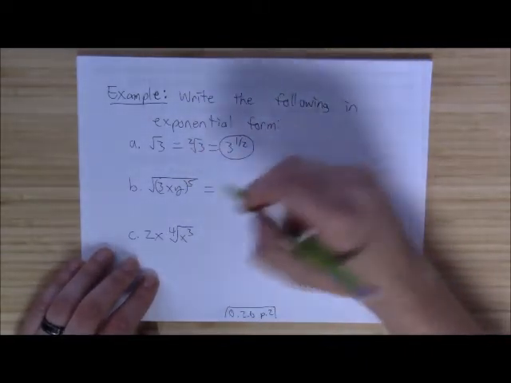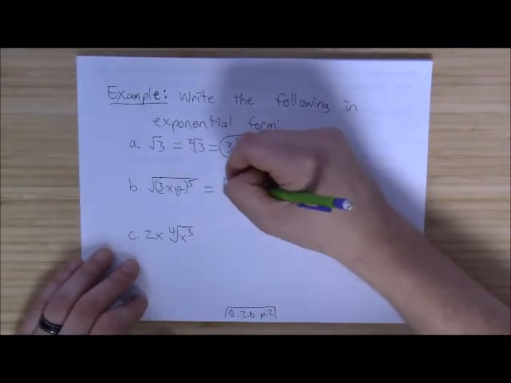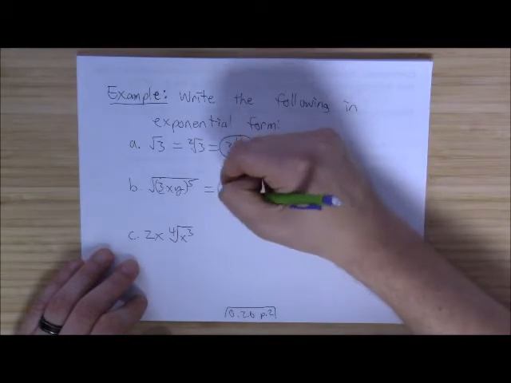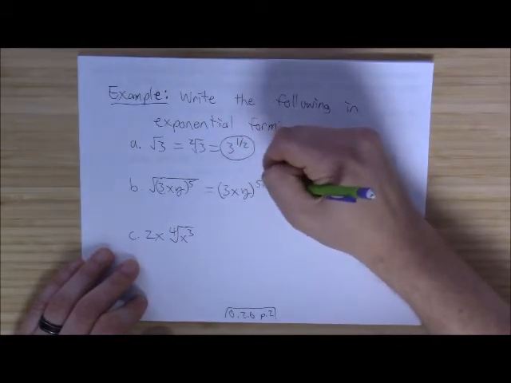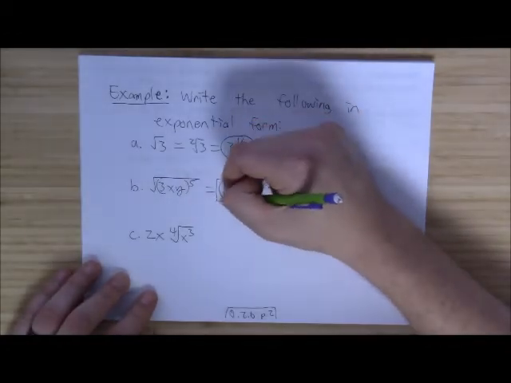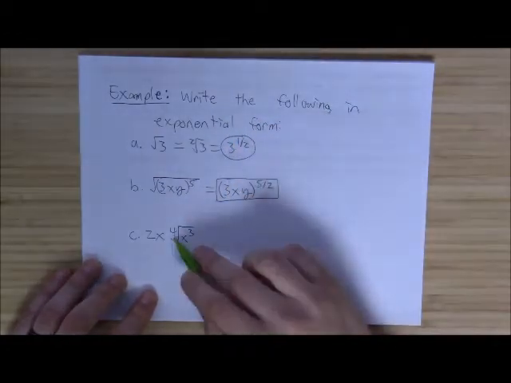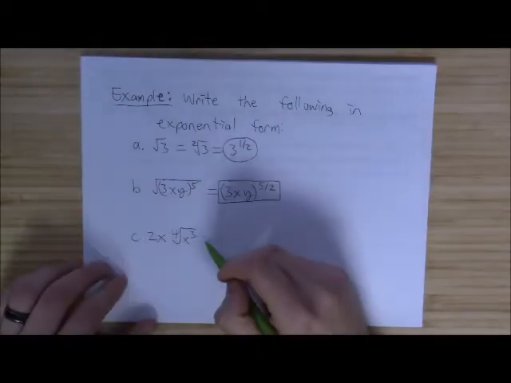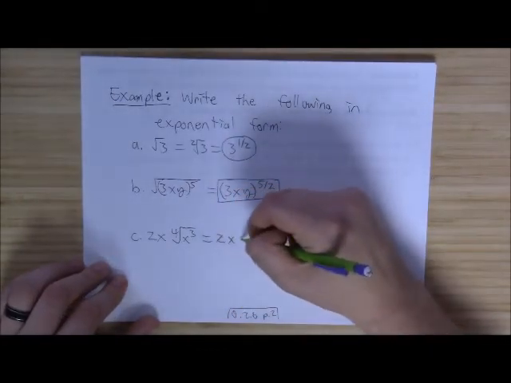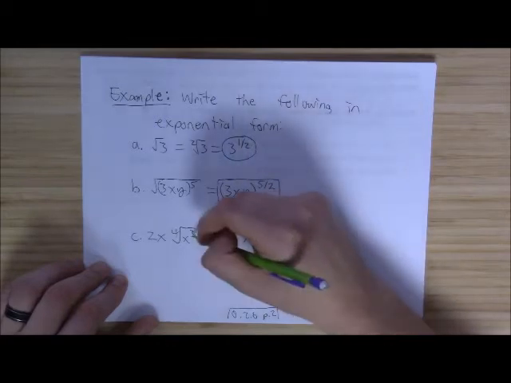Here, we can write this in a similar way as 3xy to the 5/2 power, because that's a 2 there. And similarly still, we can write this as 2x times x to the 3/4 power.